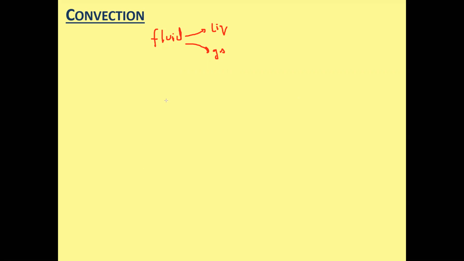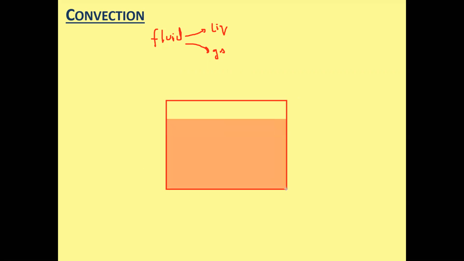How does it happen? Look, for example, we have a container, and this container is filled with water. And these are the water particles. There's a uniform temperature, so if the temperature is uniform, it means they will have equal spacing.